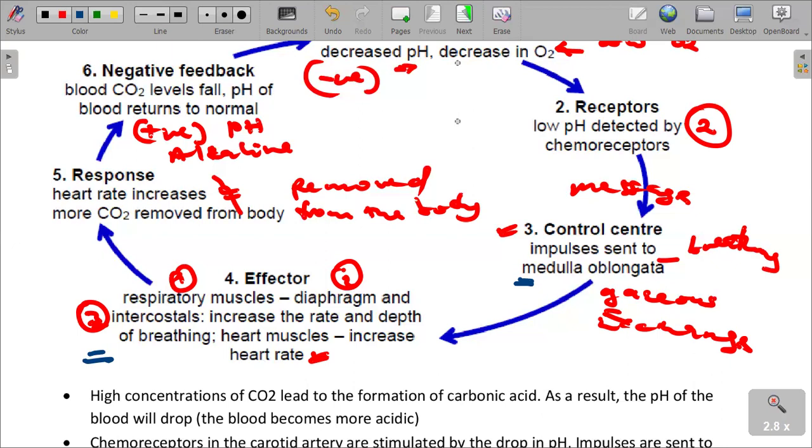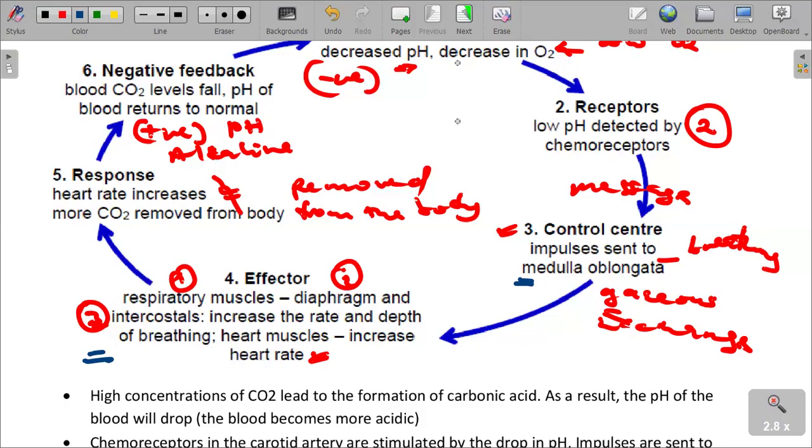Oxygen must be increased because we said the pH has gone down, which has also caused a decrease in oxygen. Because the body has low oxygen, the medulla oblongata is stimulated to affect the respiratory muscles, the diaphragm as well as the intercostal muscles, to increase the rate and depth of breathing, such that more oxygen is taken in and carbon dioxide is taken out.